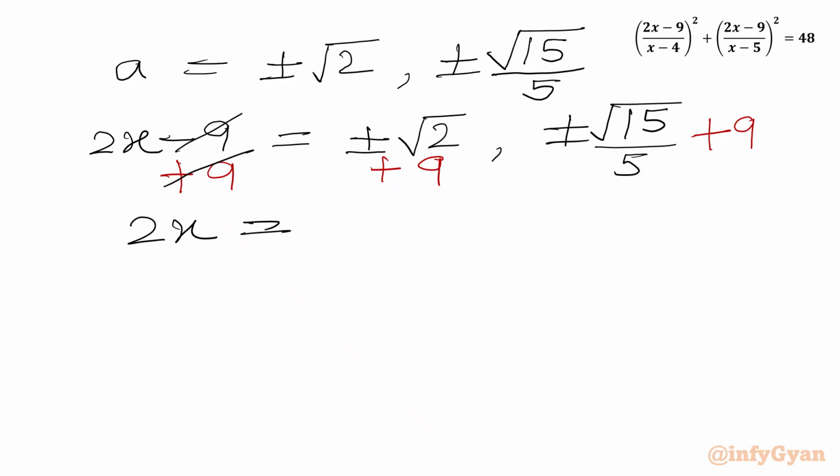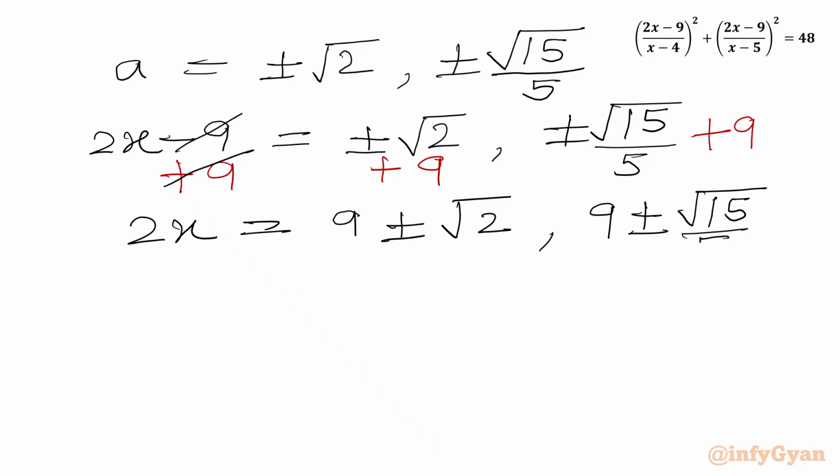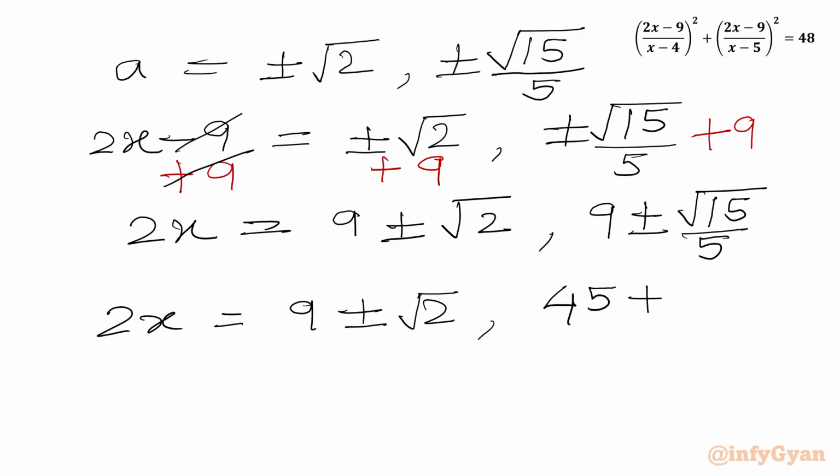Plus and minus 9 will be over. Here I will write 9 plus minus square root 2. Here I will write 9 plus minus square root 15 over 5, or we can write 2x equal to 9 plus minus square root 2, and here I will take the LCM: (45 plus minus square root 15) with common denominator 5.